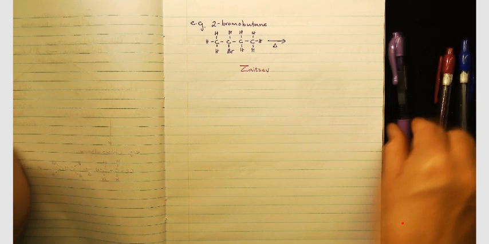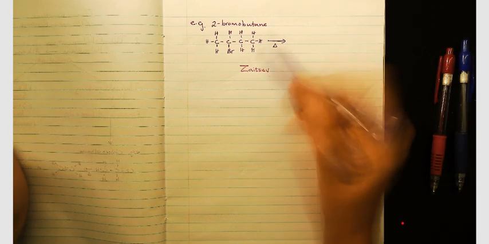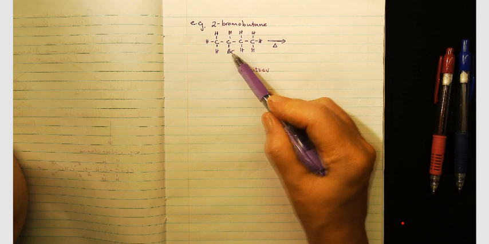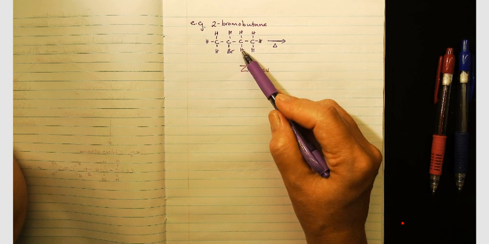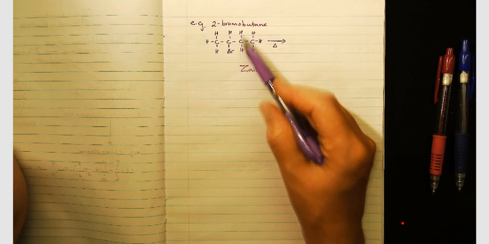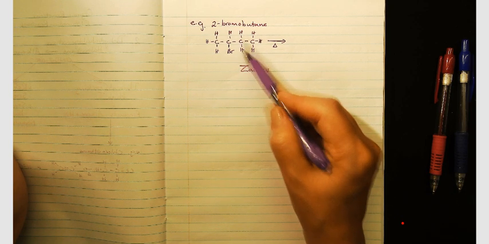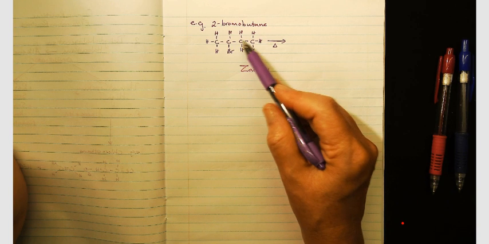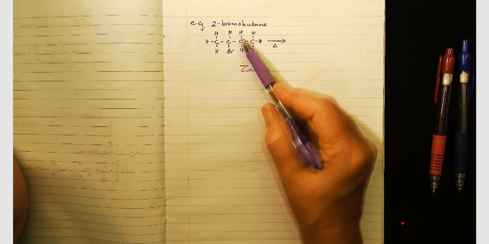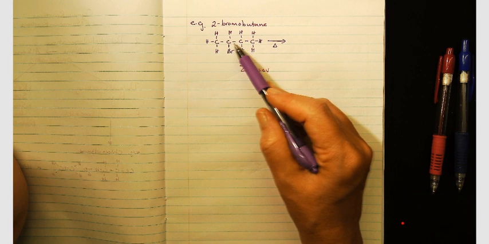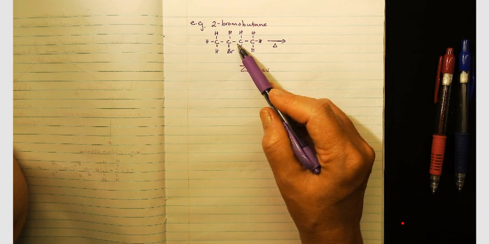Zaitsev discovered that, obviously, the halogen will break off, and the hydrogen that would more likely break off is from the carbon with the least hydrogens. So this third carbon in the chain will lose its hydrogen, and the double bond will form between the second and the third carbon.